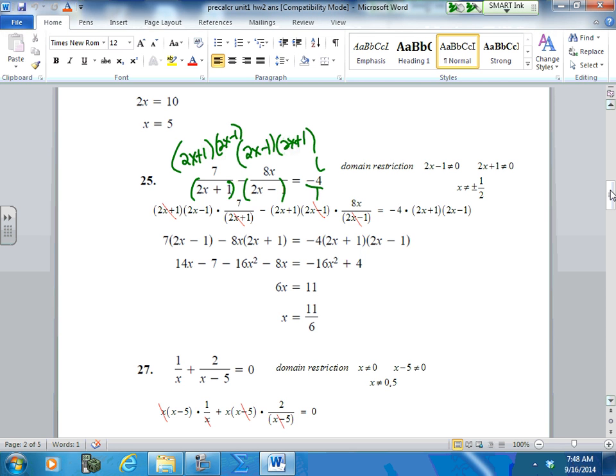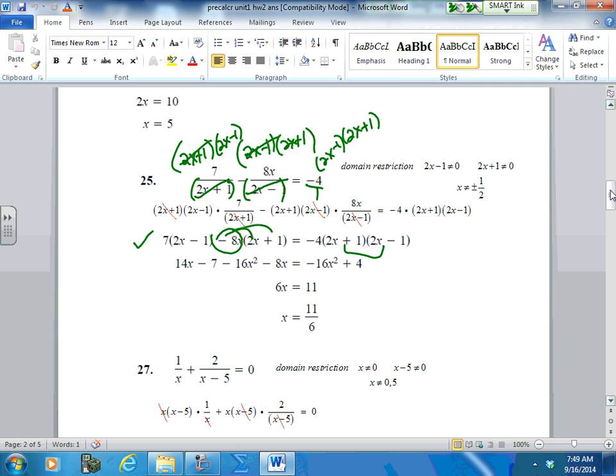Don't forget the last one. And out it comes. Out comes the 2x plus 1. There it is. 7 times 2x minus 1. Out comes the 2x minus 1. 8x, and be careful of this negative also because that has to get distributed, times that. Now this one comes right, it has to be multiplied by everything.